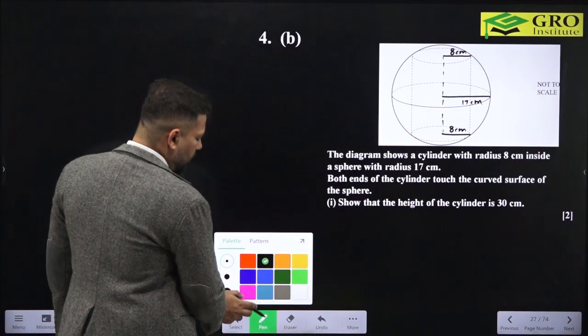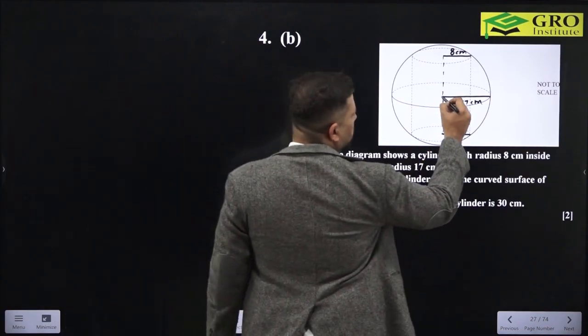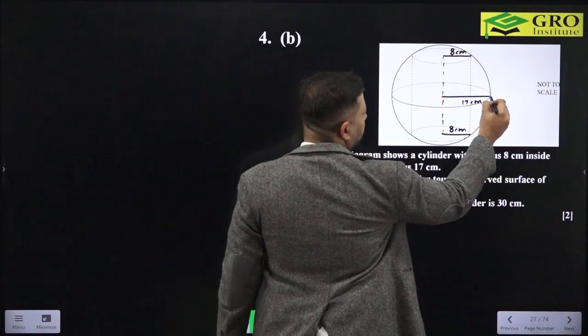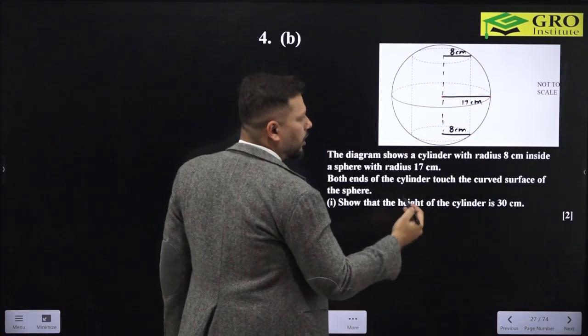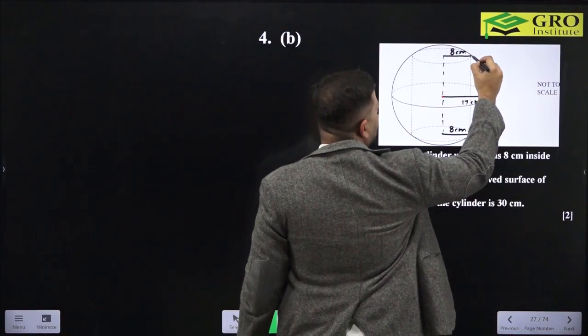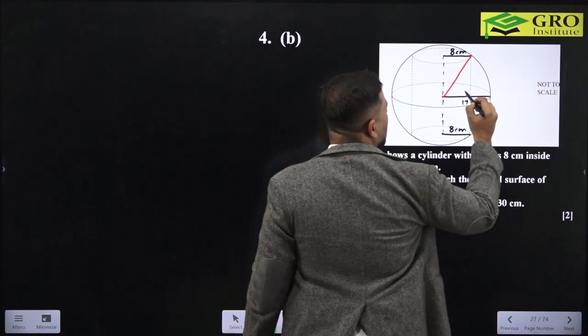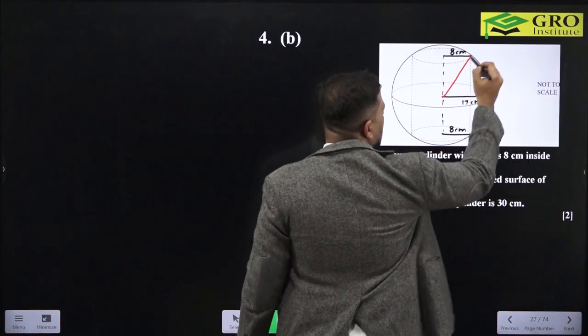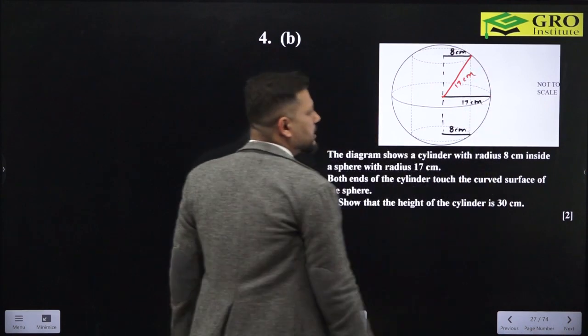If I look at this figure, from this point till this point, definitely when we join it, it is going to be the radius of the sphere. So that means if I join this point on the sphere with the center, I'll again get the radius. That means from here till here it is 17 centimeter, isn't it, guys?